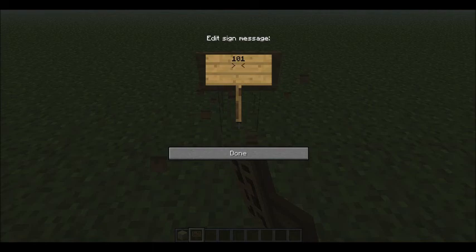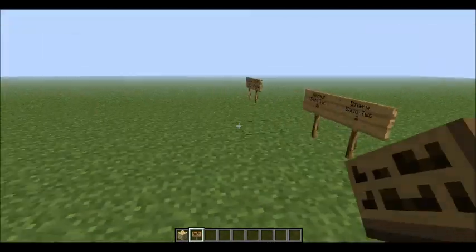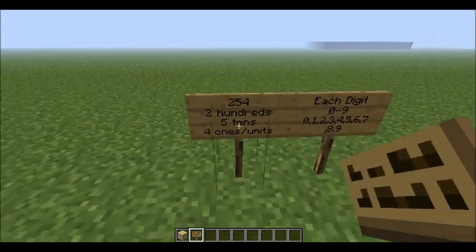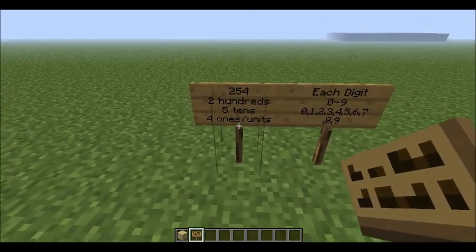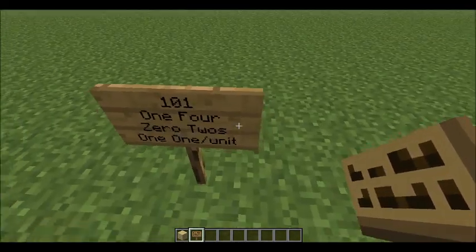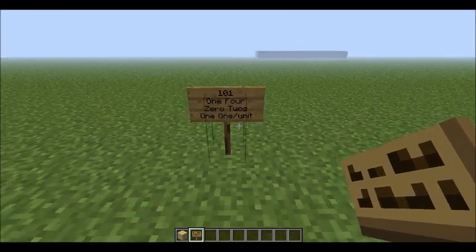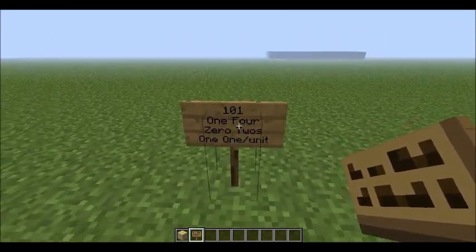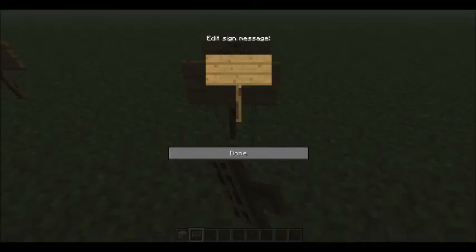But in this case, it's actually 1 four, 0 twos and 1 one, or unit. So the way you do this is you add them up. In the same way we add the 200s and the 5 tens and the 4 ones to get 254, we add up these, so we've got 1 four, 0 twos and 1 unit. So 4 plus 1 equals 5. So 101 equals 5 in decimal.